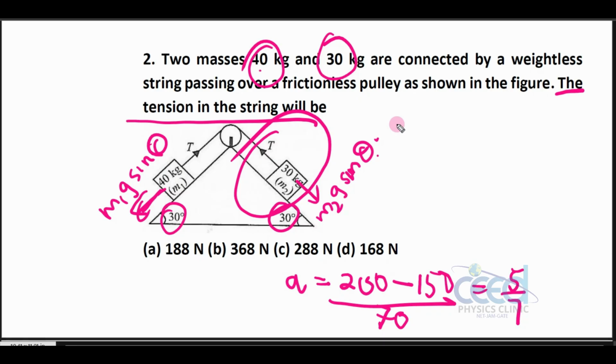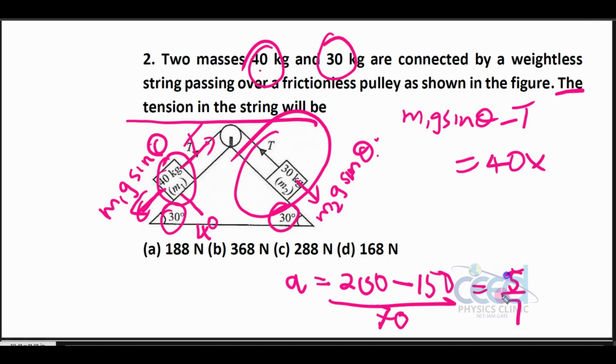Then m1g sin theta minus the opposite force T, minus T equal to the force acting on this by Newton's law, that is ma, m is 40, 40 into the acceleration we solved, that is 5 by 7. Then m1g sin theta is 200, right. 200 minus 40 into 5 by 7, that is 200 by 7, which is approximately 28.